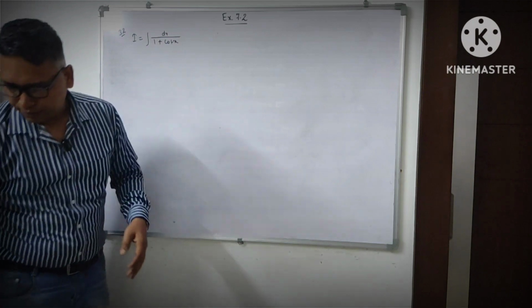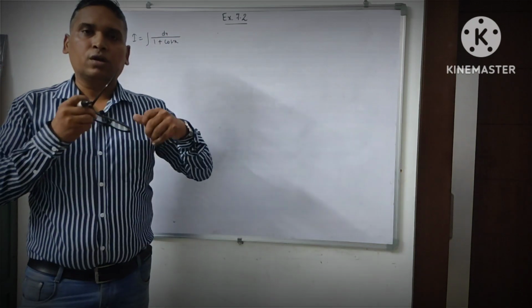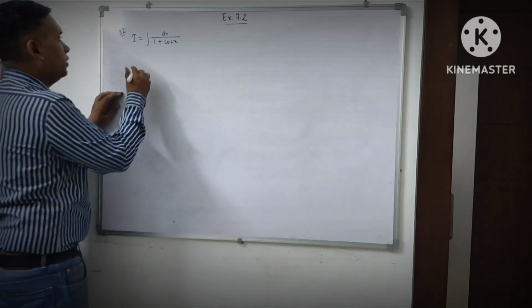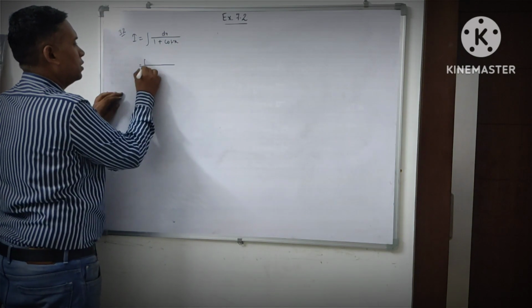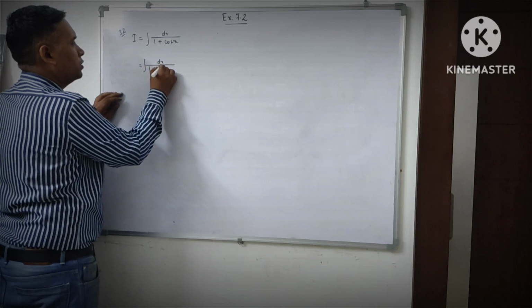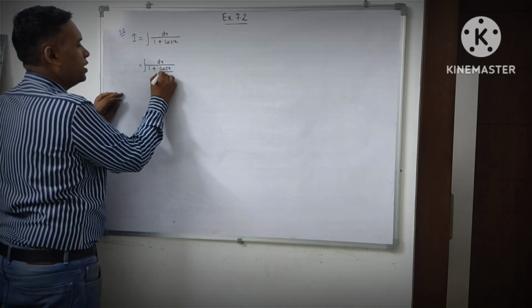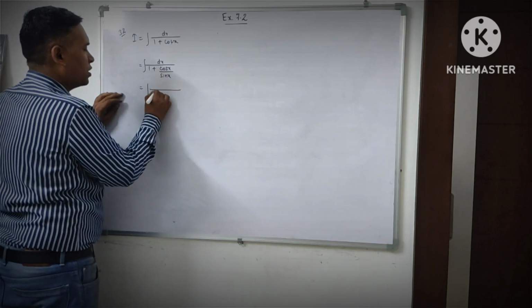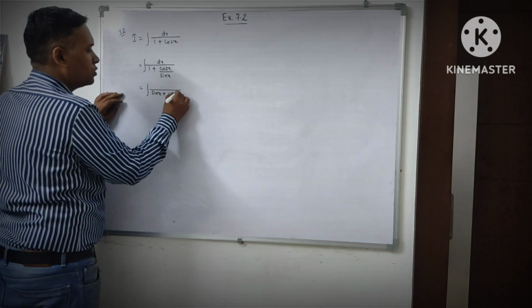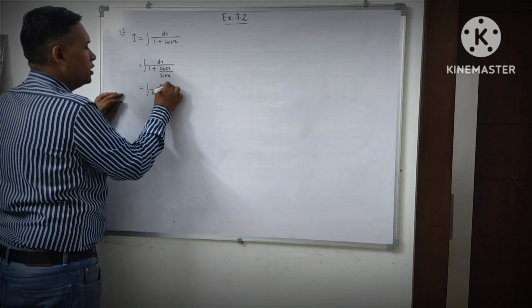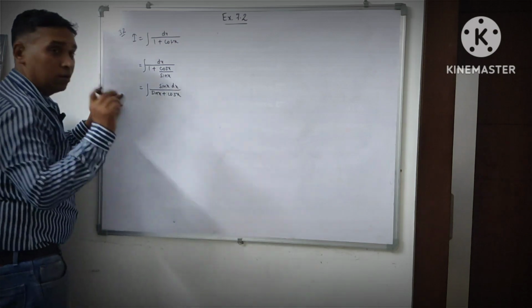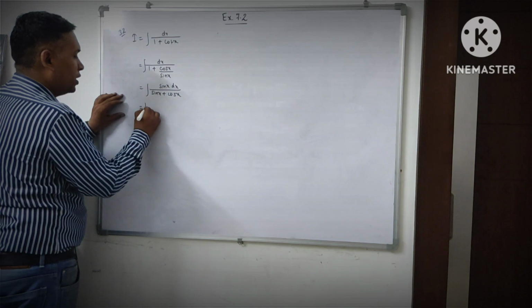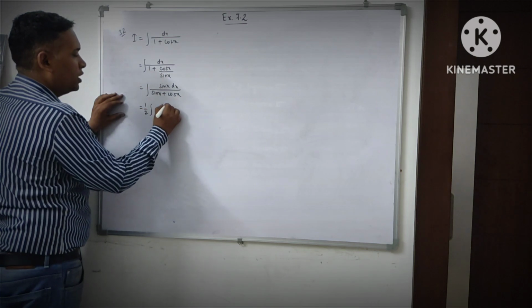Now how to do it? First, we will convert the original question into sine and cos, beta. So we will write dx upon 1 plus, replacing cot x by cos by sine. After taking the LCM, it would be sine x plus cos x upon sine x. Got it? A trick, or you can say a turning point, is there in this question. I am writing here half and there I am writing 2.